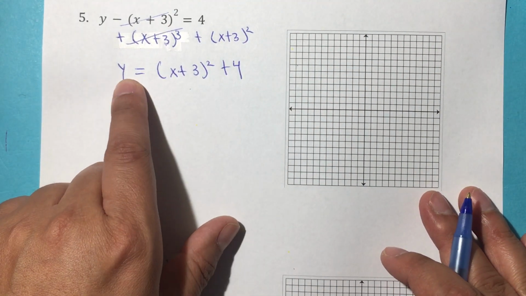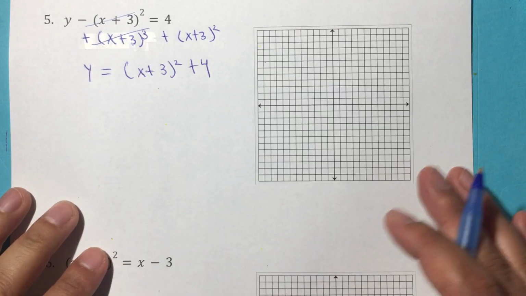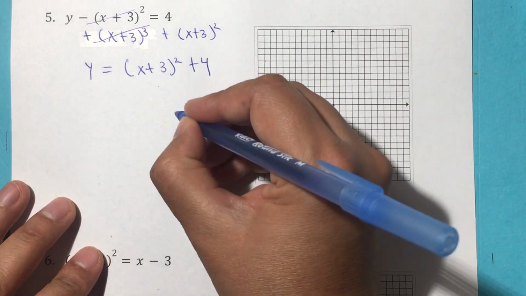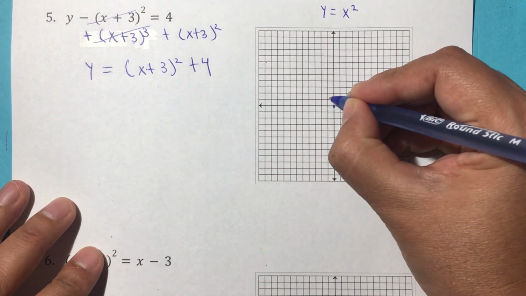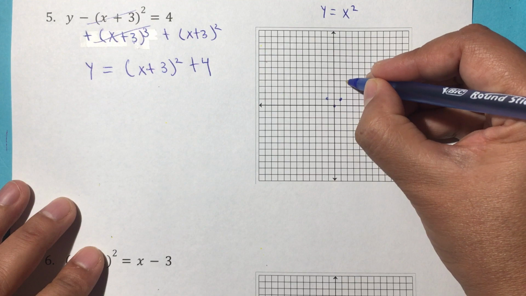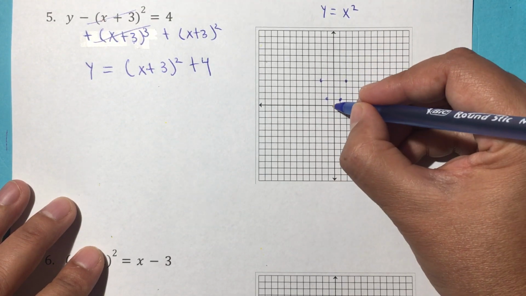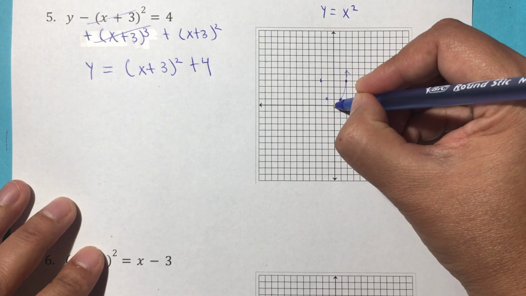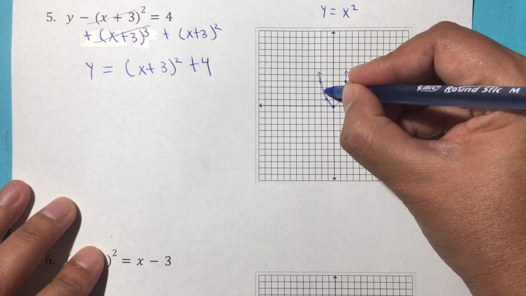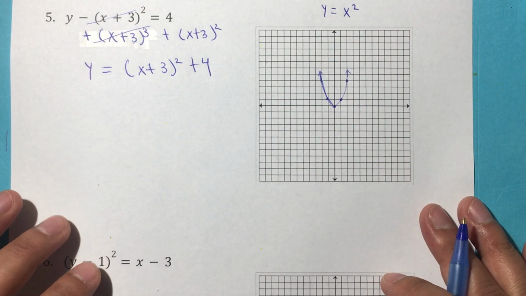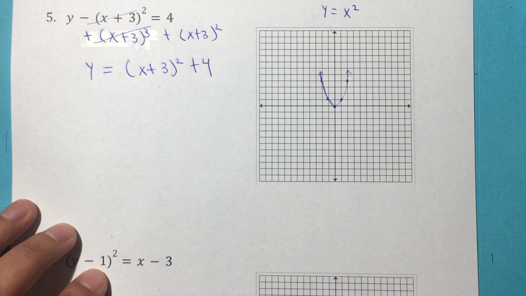And whenever you have y isolated but the term of x is squared, remember that the mother graph is going to be y equals x squared, which we have our graph to be right there. Again, if you're not sure about this, you should watch 11.4 and 11.5 before doing this. And if you're getting it, that's fine.